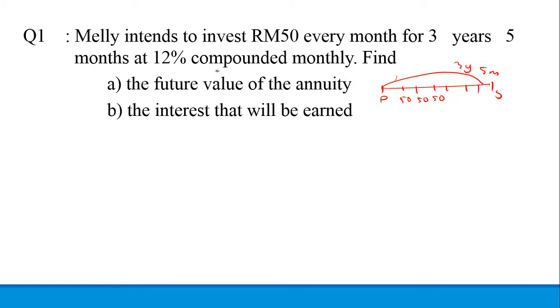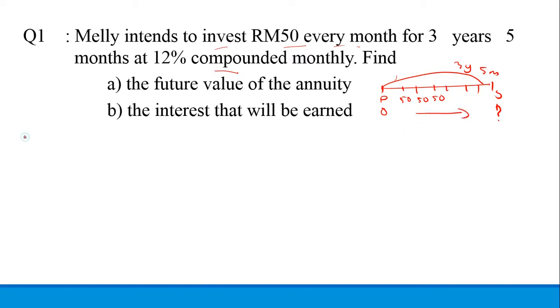When they say compounded, it can be either compound interest or annuity. Because it's an investment of 50 ringgit every month with a monthly commitment, it's an annuity. The starting value is 0 and you want to find the future value.